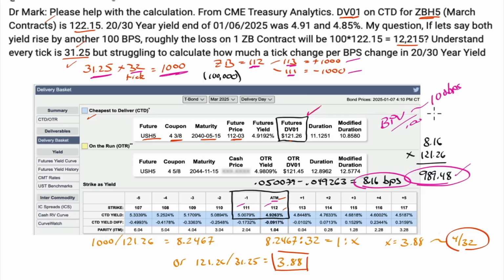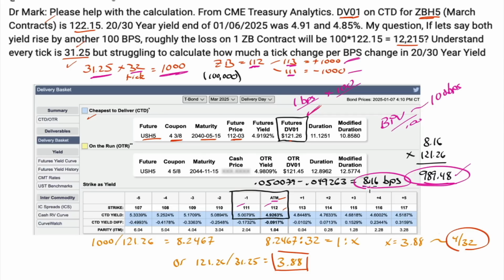So you are importing convexity into every basis point, whereas the DV01 is calibrated to 1 basis point. If you multiply it by 100, you actually import no convexity. But here it is bringing in some of the convexity. So 989.48 is close enough to 1,000, right?